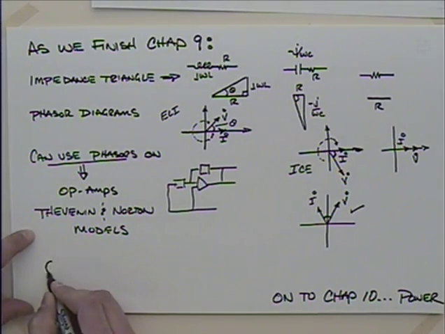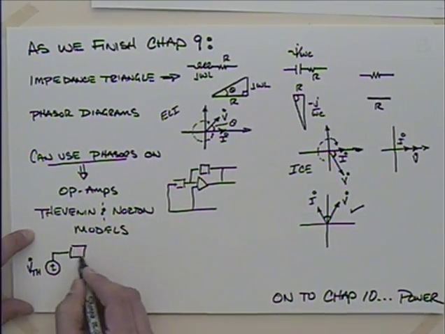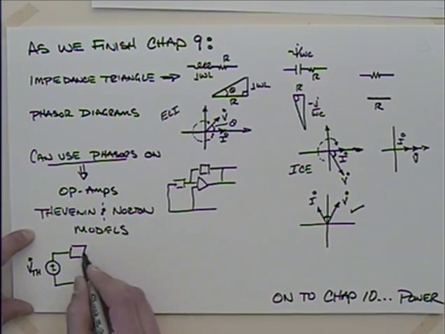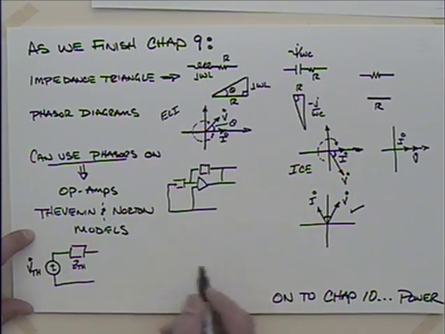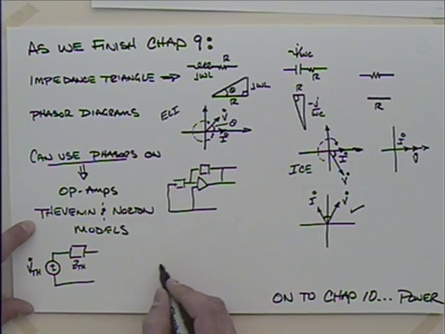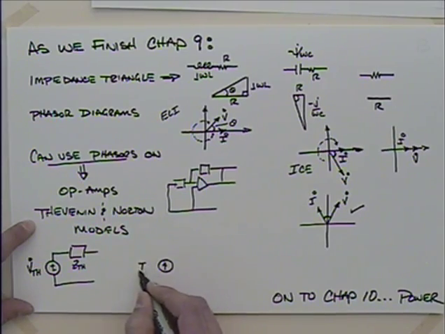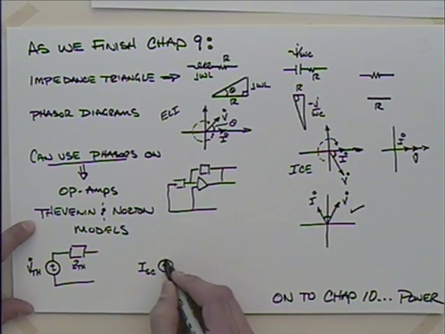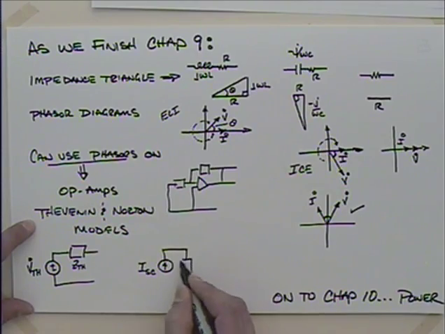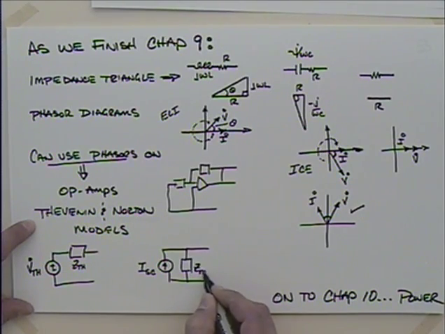For instance, if I have a Thevenin model, what was that? That was some voltage source, V Thevenin, in series with some resistance. We'll call it impedance. We'll call this Z Thevenin. And what is Norton's model? That was some current, I short circuit essentially, in parallel with some, well, it used to be resistance, but now it is Thevenin impedance, right?